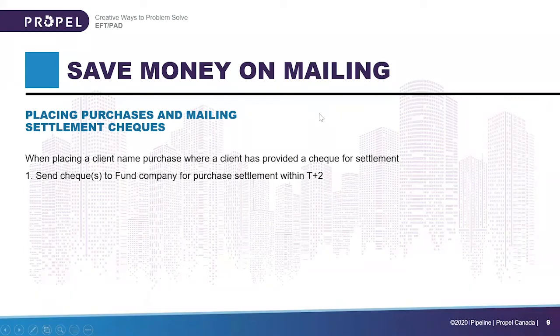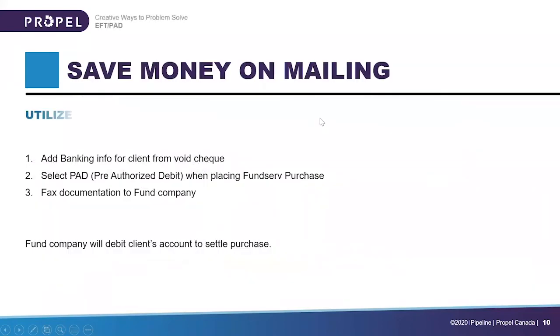So one of the things that the EFT pad allows you to do is save the banking information on the client, and the fund company can do a pre-authorized debit on the account so that they can settle the purchase without having to receive a check or a physical check to settle the purchase.